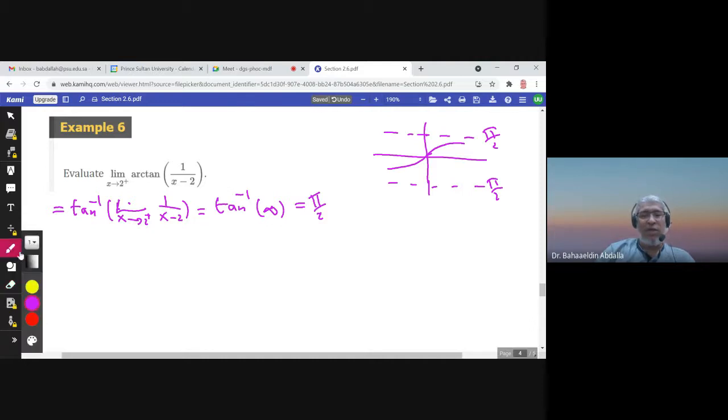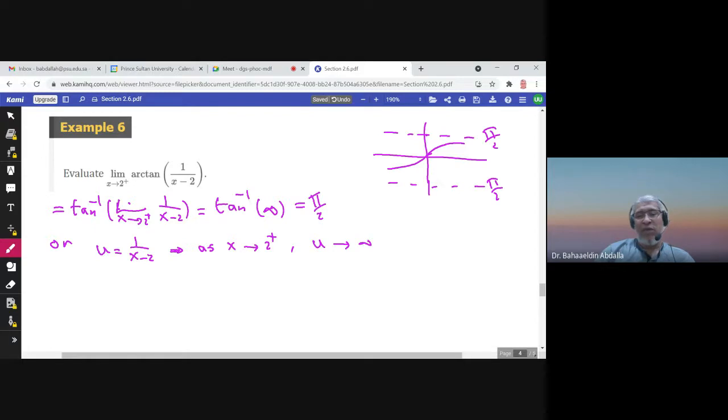You can say that if you take u equals 1 over x minus 2, then as x approaches 2 from the right, we have u approaches infinity, because when x approaches 2 from the right, you get 1 over 0, so you go to infinity.